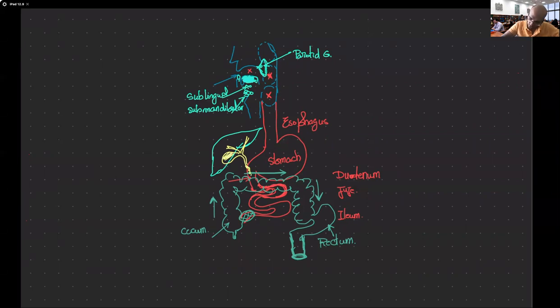This muscular sac that is located on the ventral surface of the liver, this is called my gallbladder. Another accessory digestive organ is going to be the pancreas that will be releasing important digestive enzymes that will help with the digestion of fats, proteins, and carbohydrates.